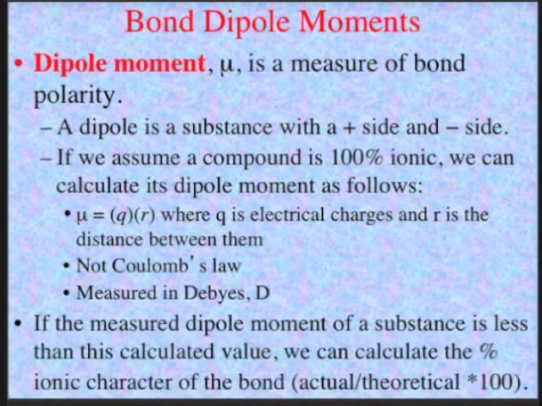Now, if a measured dipole moment of a substance is less than this calculated value, we can calculate the percent ionic character of the bond, which is simply the actual dipole moment divided by the theoretical dipole moment, calculated using the formula above, times 100%.